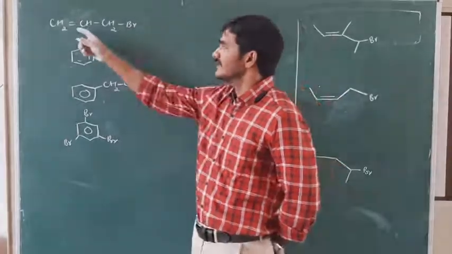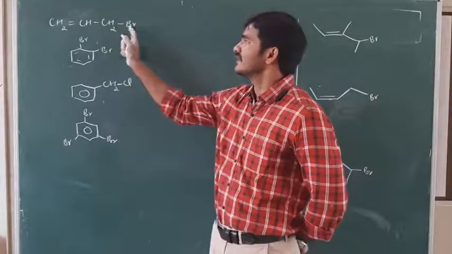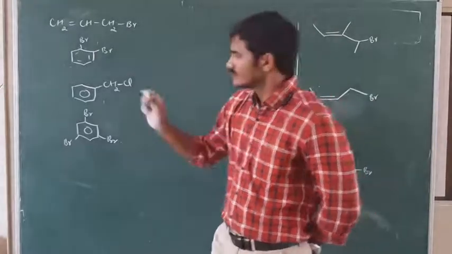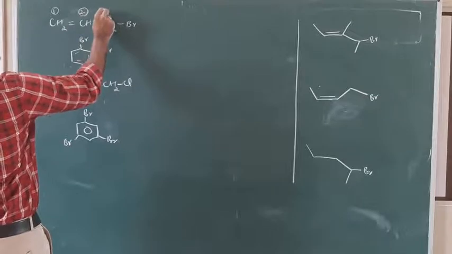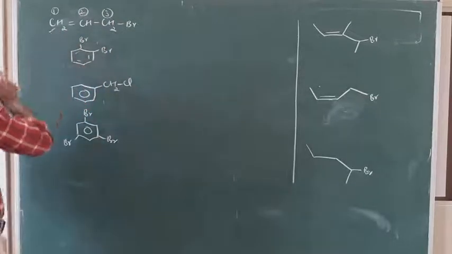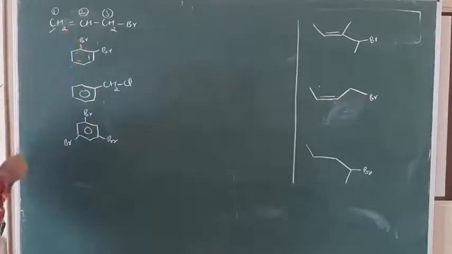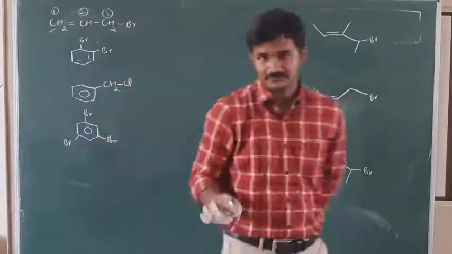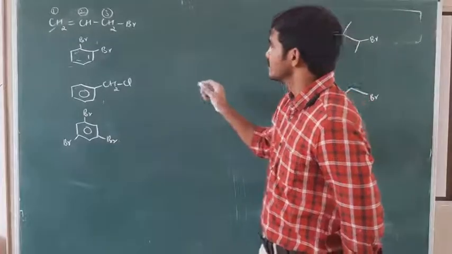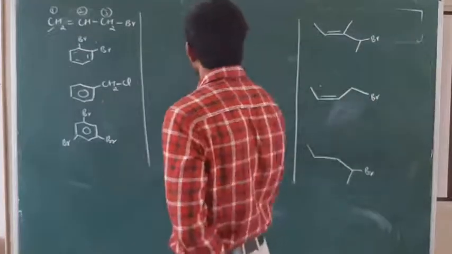The double bond gets priority over the halogen containing carbon. So in this case, I give the numbering 1, 2, 3 from this side. I am directly writing the IUPAC names. If you want, you can write common names also.